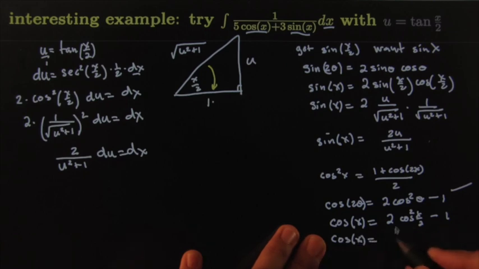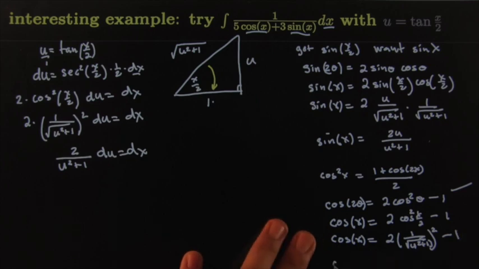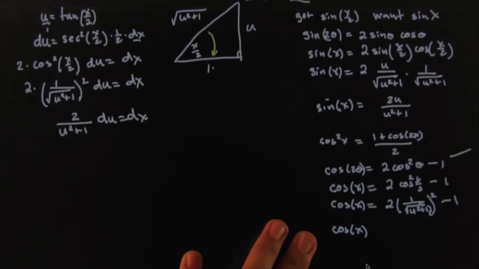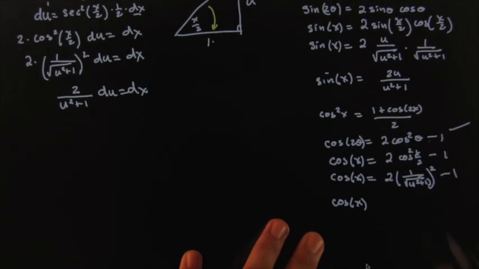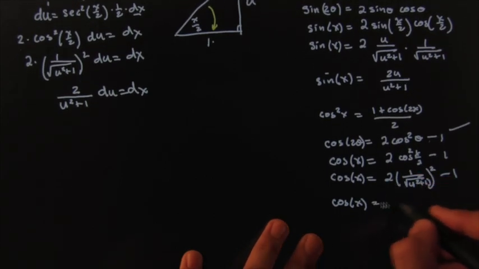Cosine of x would be equal to 2 times the cosine ratio, that's 1 over square root of u square plus 1. But I'm squaring it, minus 1. So the cosine of x, when you square it, gives you 2 over u squared plus 1.